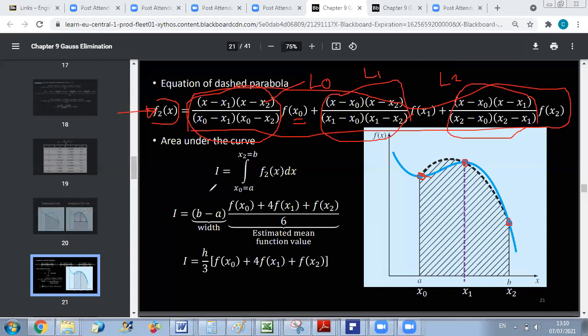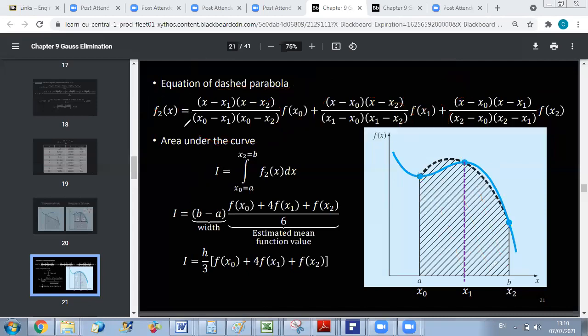And now I can approximate the integral by the area under the quadratic curve, which can be obtained by just integrating this interpolation function between a and b.